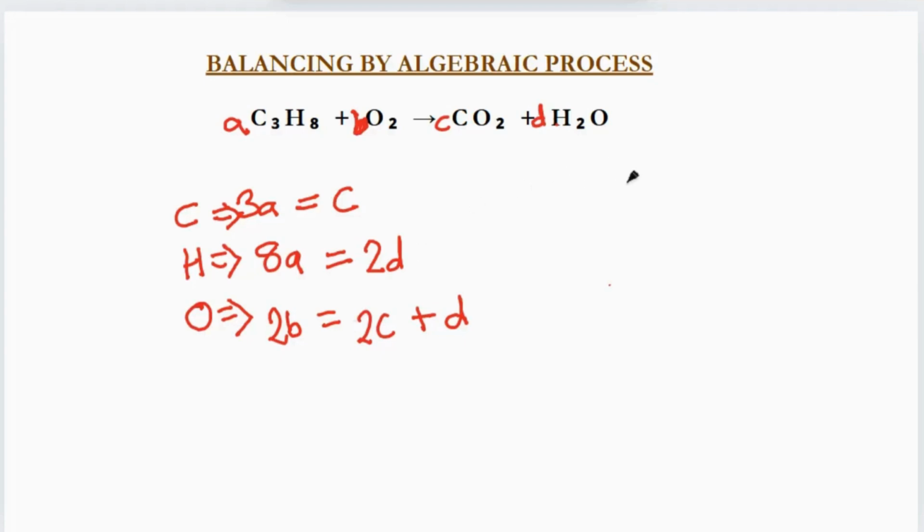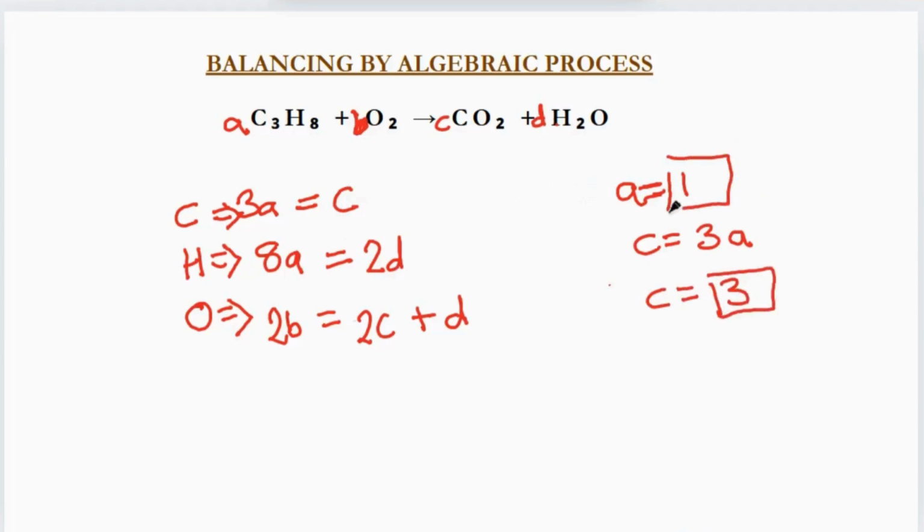So we first start by taking A to be 1. That's just generally taking A to be 1. If we take A to be 1, what other unknown can we easily find from here? It's C. We can also find B, but let's go with C because it's much easier. We know that C is equal to 3A, and we know that A is 1, so C is equal to 3.